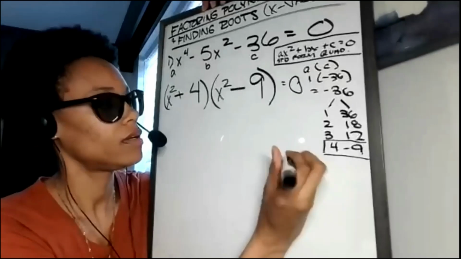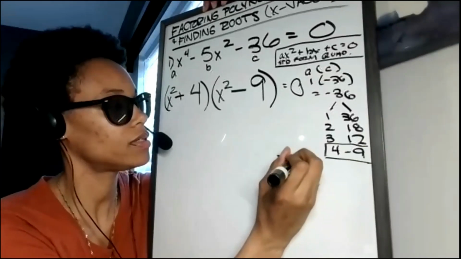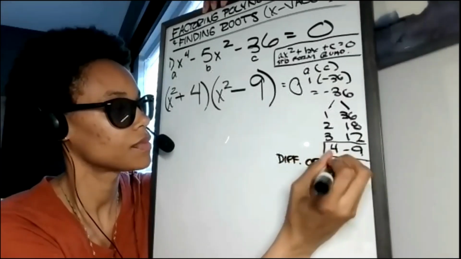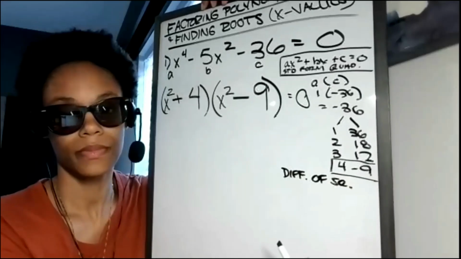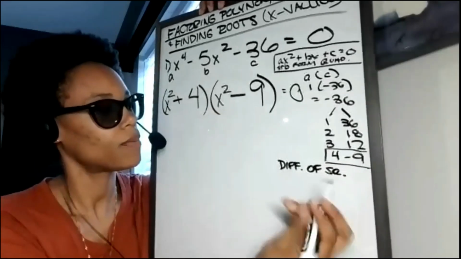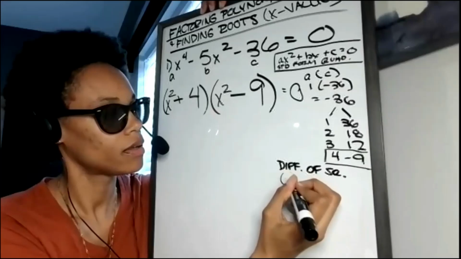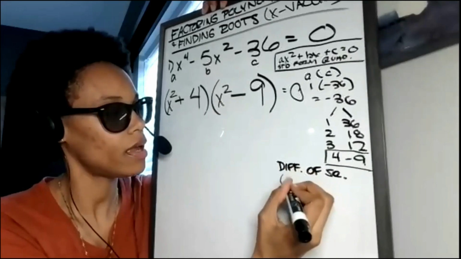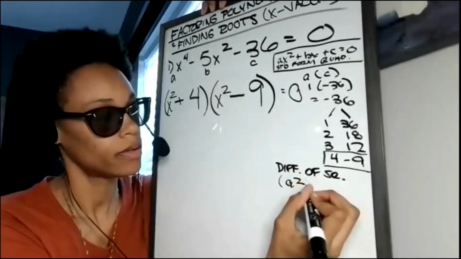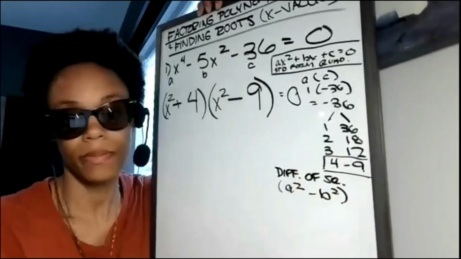Here's your side note for that. Difference of squares, where we say, here we're given a squared minus b squared.